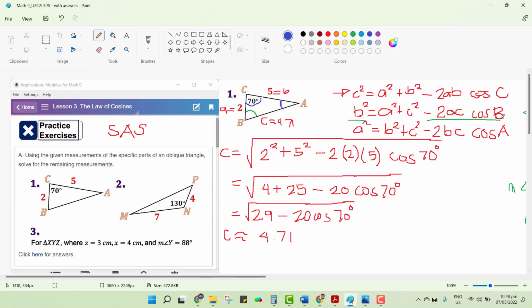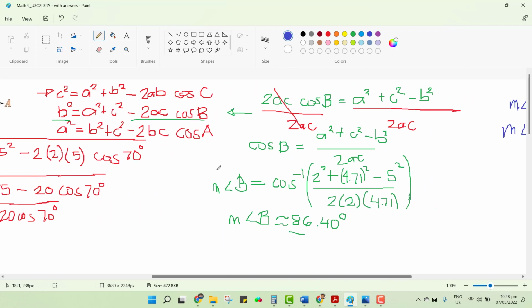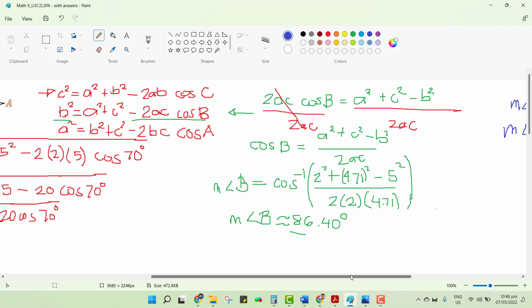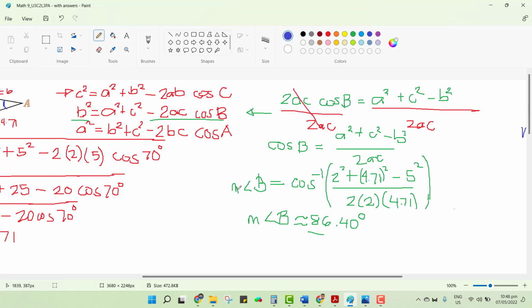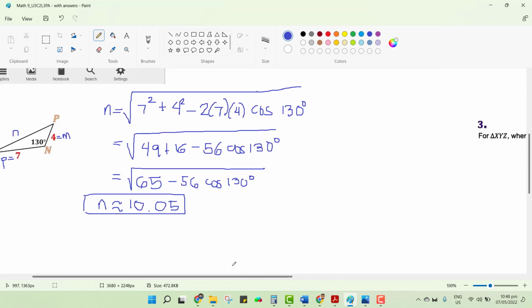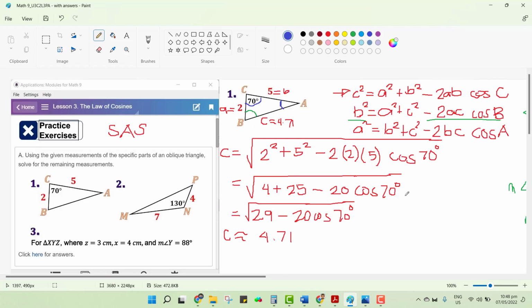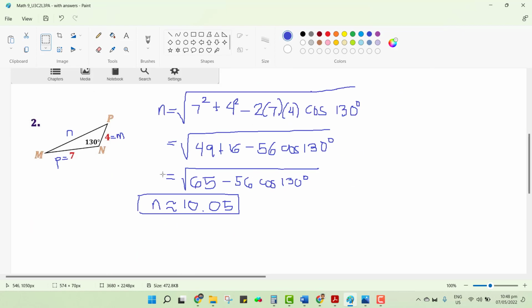Next is to get the angle. So we could actually pattern here. Again, let's use the law of cosines so that we will be on the same track. The measurement of an angle is the cosine inverse, or the arc cosine, of this expression. But we need to make sure that this should be its expression here. Hence, let us simply copy this one here, just for a guide.